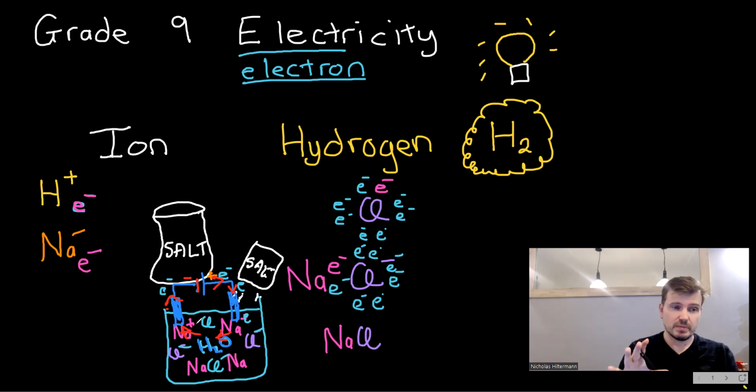So this was one of the big mistakes in science. I think it was Edison who thought that the electrons moved from positive to negative, but actually they discovered that they are moving the other way.